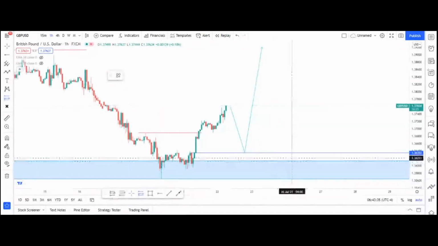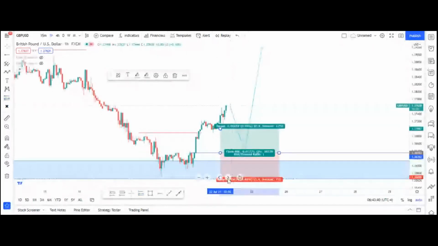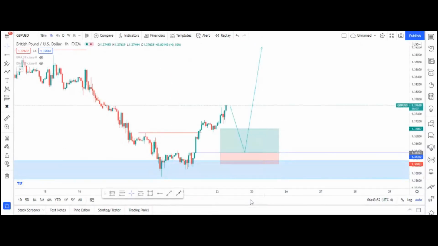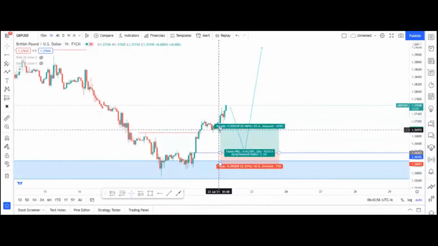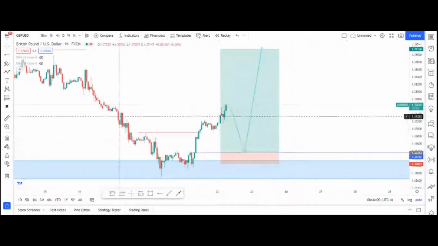The reason I'll be looking for buying opportunities there is if DXY corrects higher. Just risk 30 pips a bit below that order block, to catch 270. That's 9R.